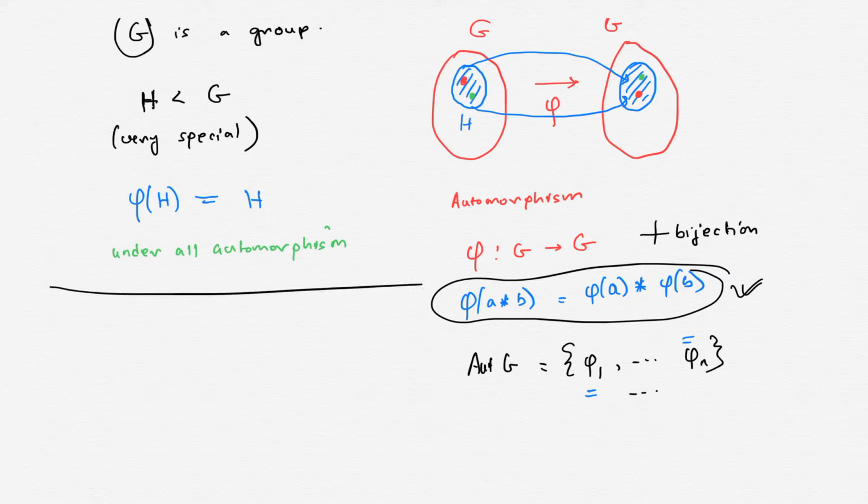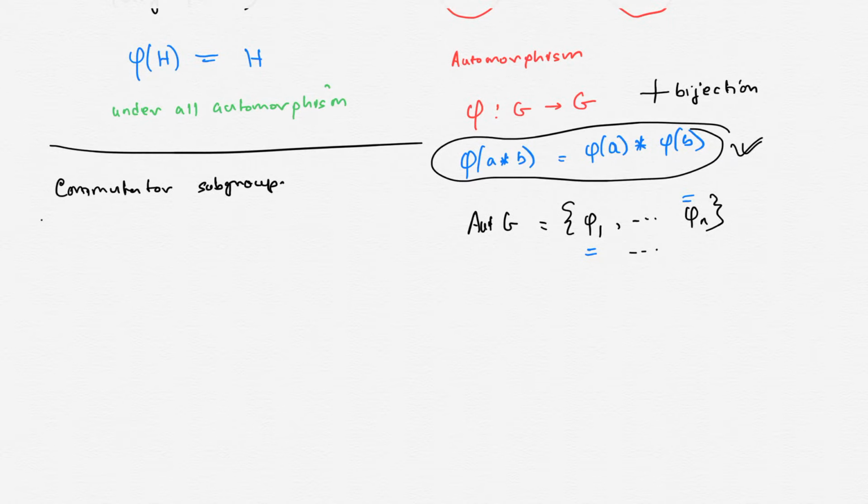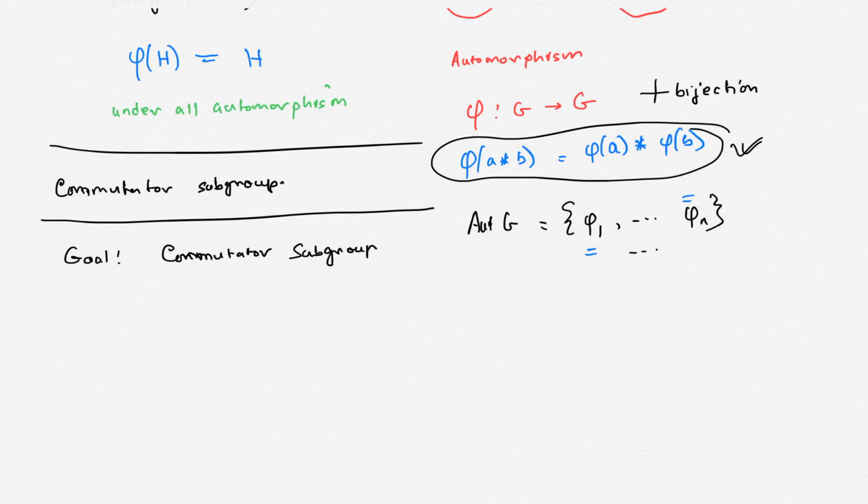One example of such a subgroup which has this property is the commutator subgroup, and this is a very good example to get your hands on some computations in classical group theory. So this is the goal: you can try to show that the commutator subgroup, of course we have to know what that is, has this property.